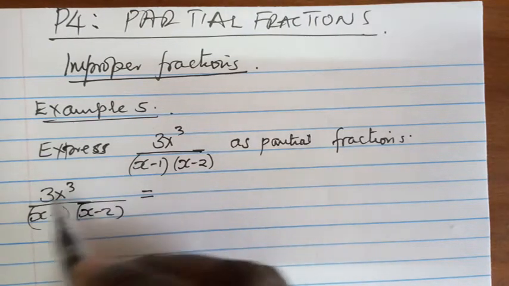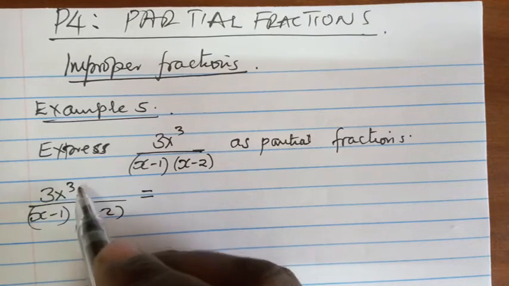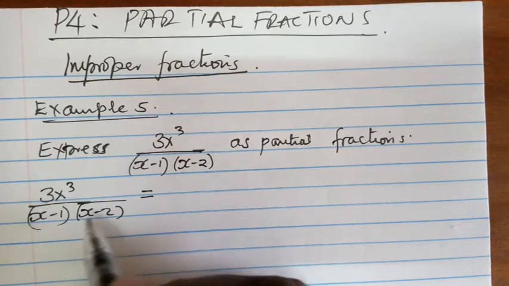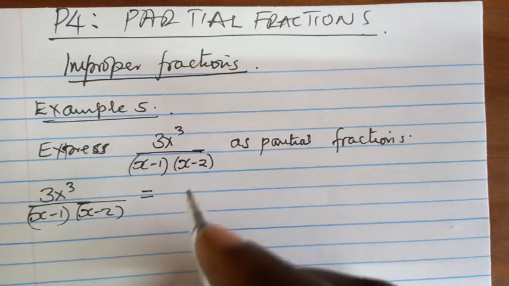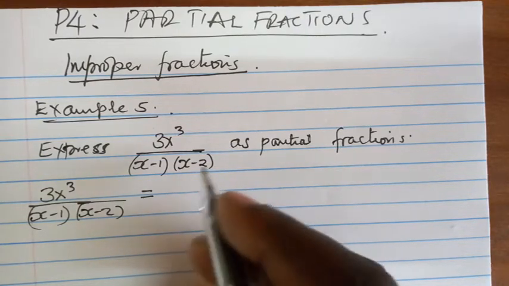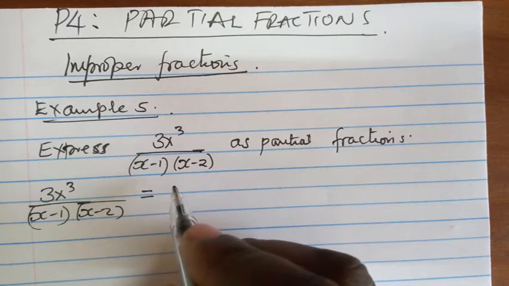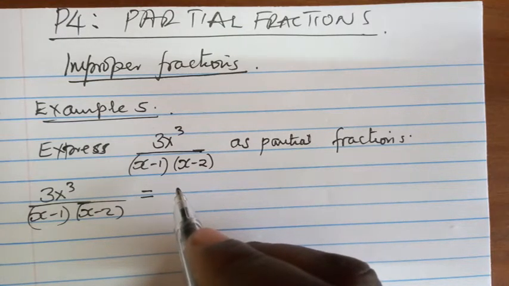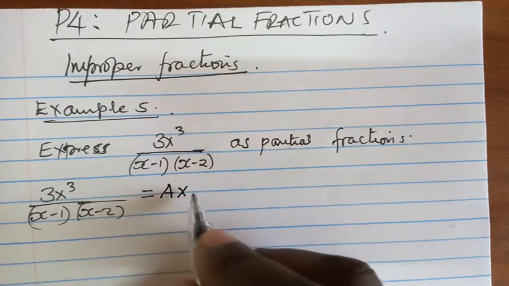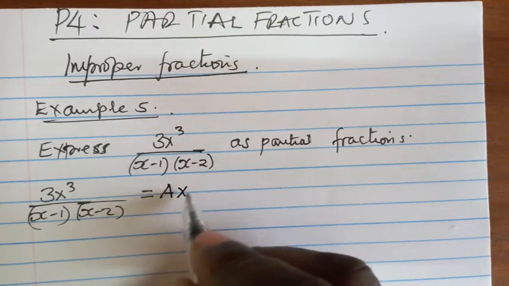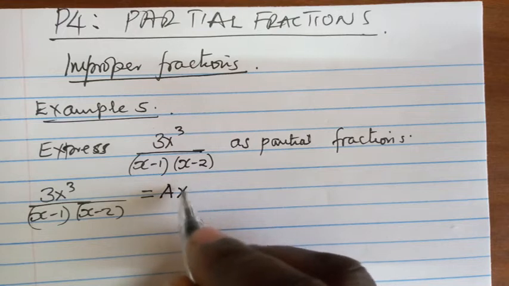Because we are talking about 3x cubed divided by x squared, we are simply going to talk about 3x. But let's just assume we don't know even the coefficient of the x and call it ax. This power is power 1.